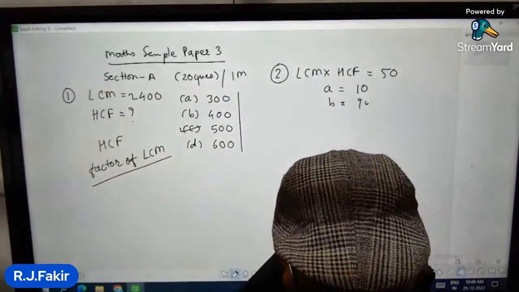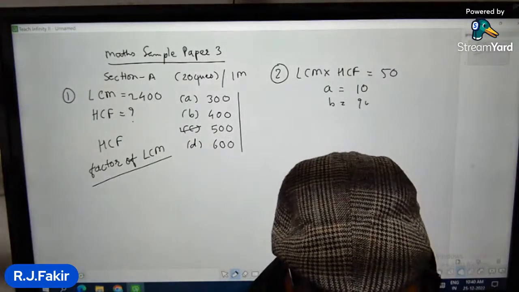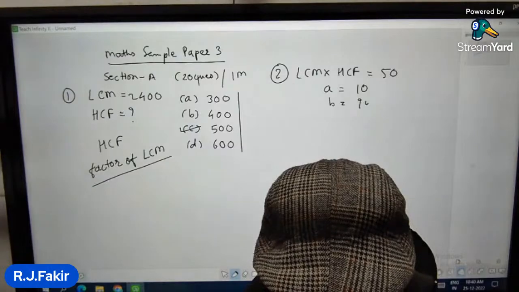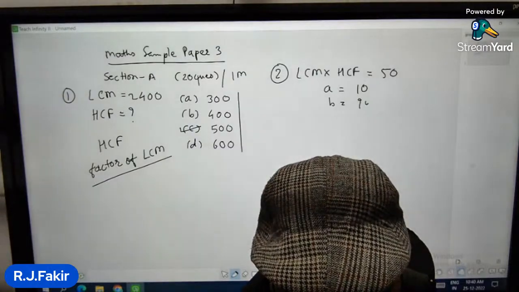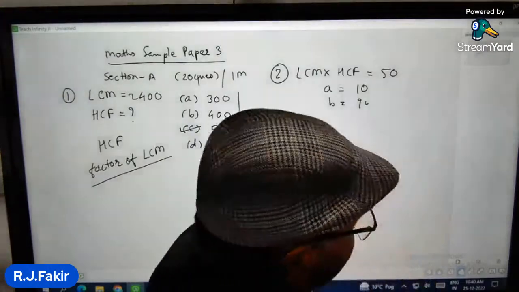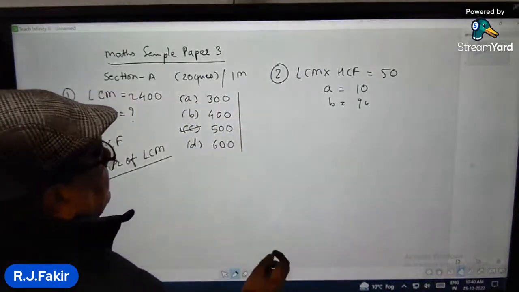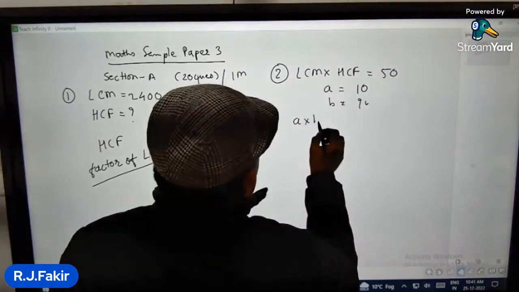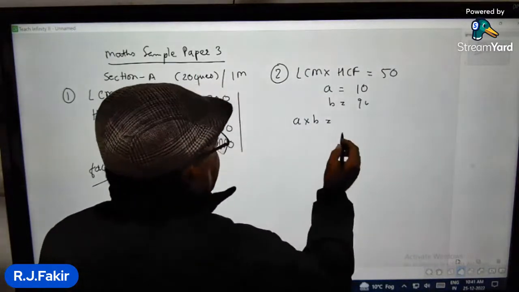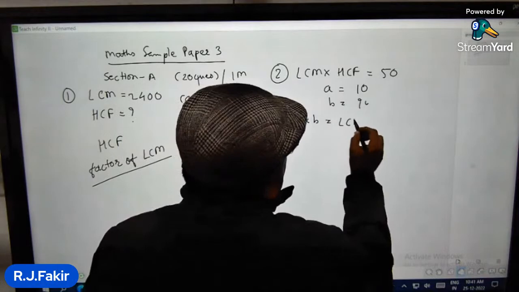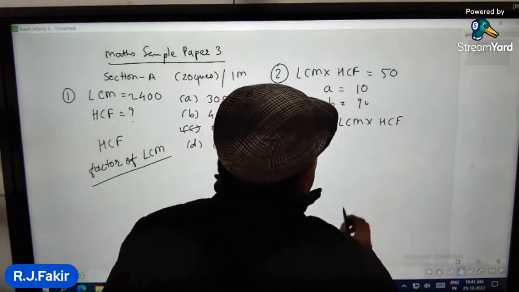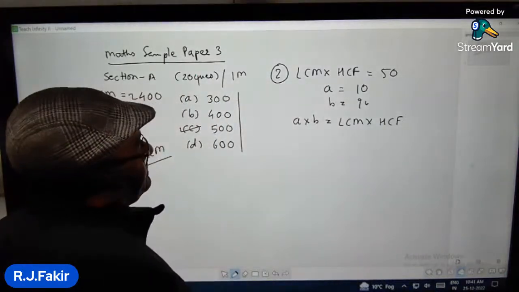As you know, the product of the numbers is always equal to the product of their LCM and HCF.